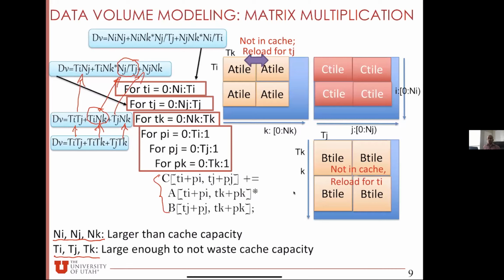Now for each of the possible tile loop orders, we can do the same kind of inner to outer traversal of the loop nest to generate a suitable symbolic expression of the problem sizes and the tile sizes for the total data volume as a function of these parametric tile sizes.